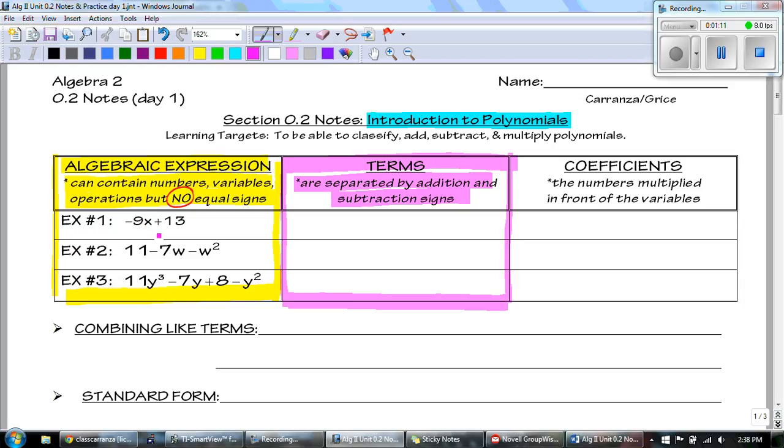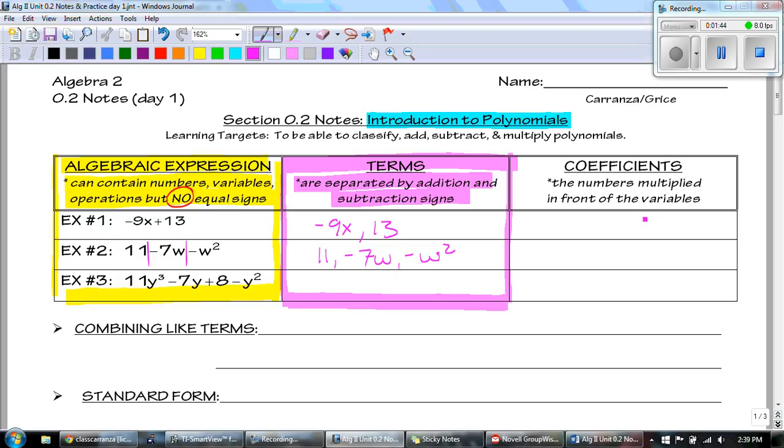In example number 1, there are two terms. There's the negative 9x and the 13. In example number 2, there are three terms. They're separated by the addition or subtraction. So we have 11, negative 7w, and the negative w squared.